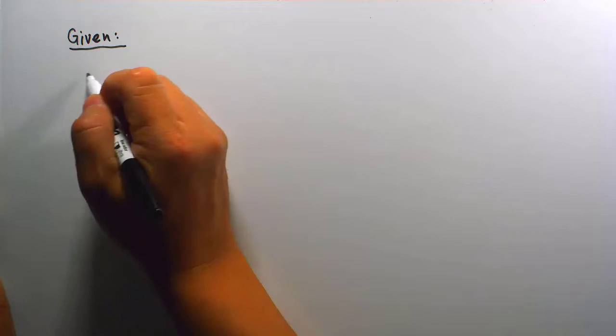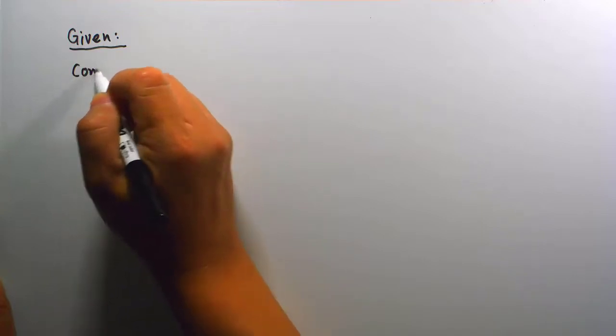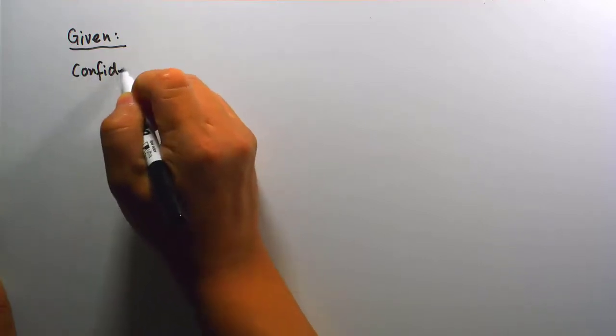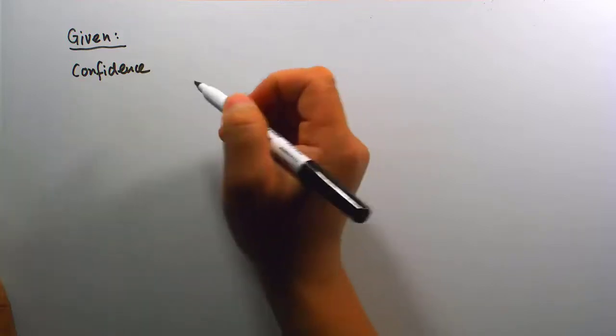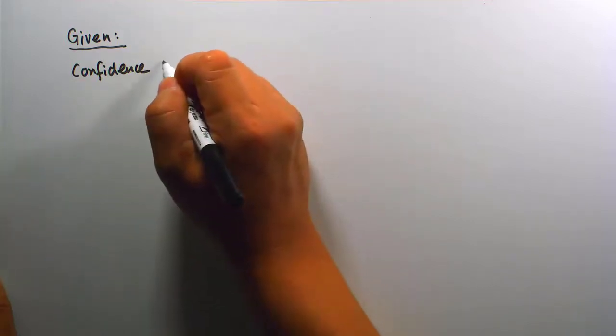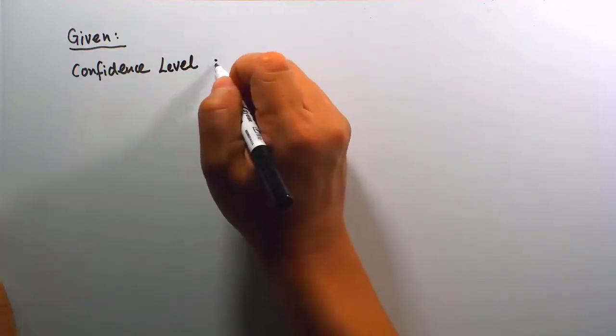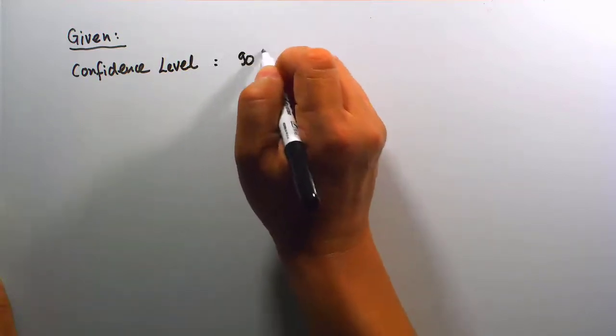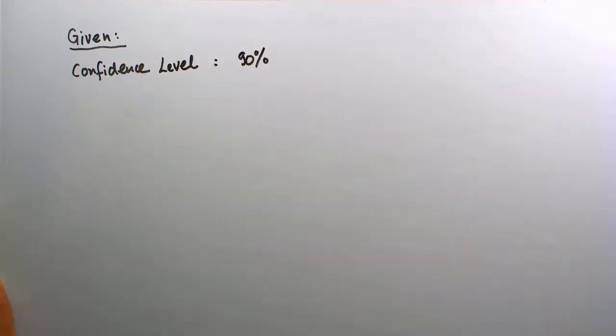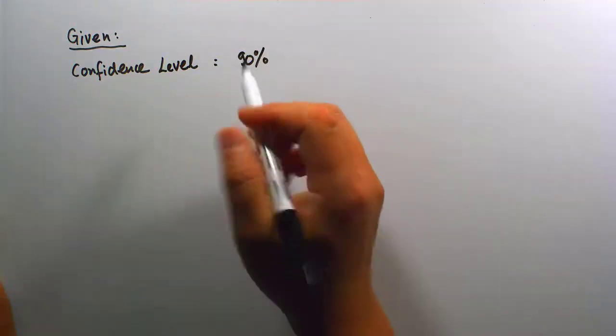According to the description of the data, as far as given information, what we have here is a confidence. We are asked to find a confidence interval, but what we have here is the so-called confidence level. And that confidence level is 90%.